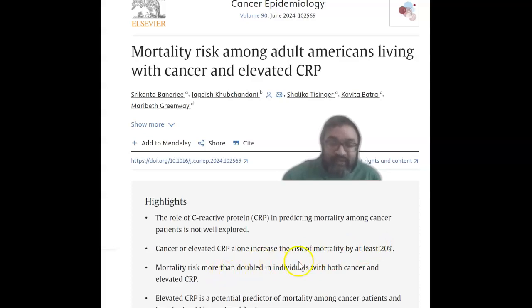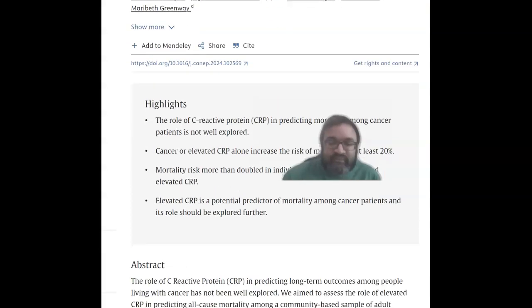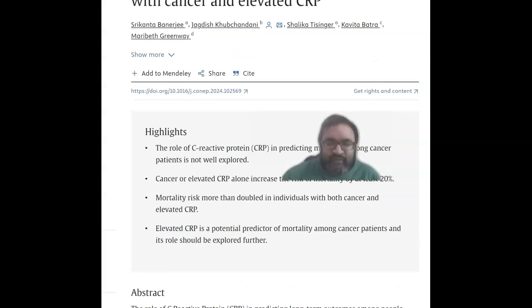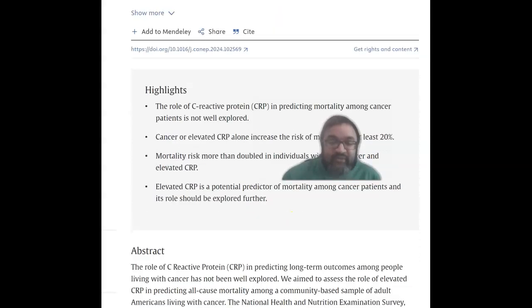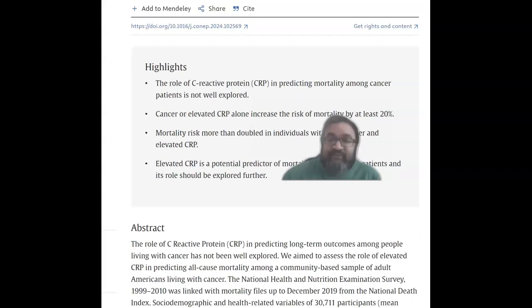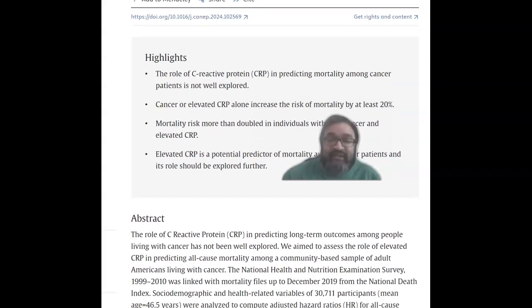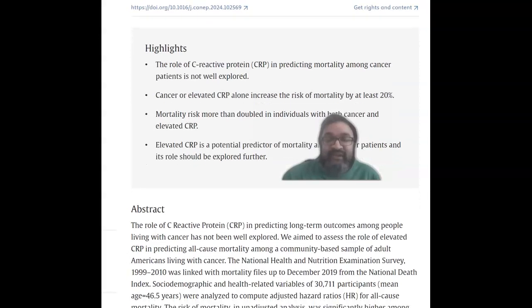Mortality risk more than doubled in individuals with both cancer and elevated C-reactive protein. And elevated C-reactive protein is a potential predictor of mortality among cancer patients, and its role should be explored further. And that's where we were talking about C-reactive protein being a prognostic biomarker for those with a history of cancer.